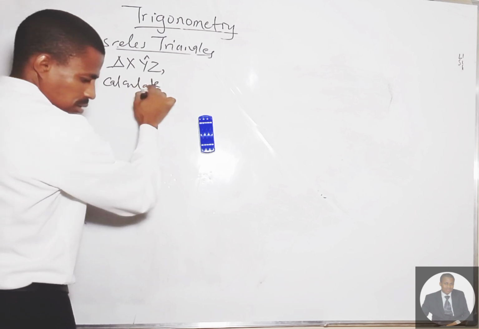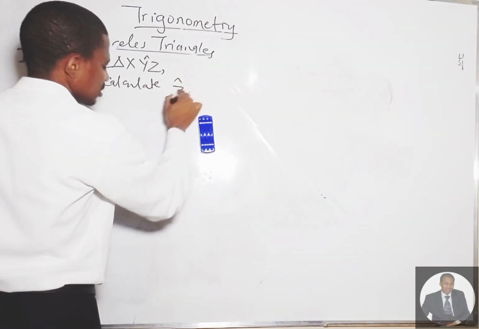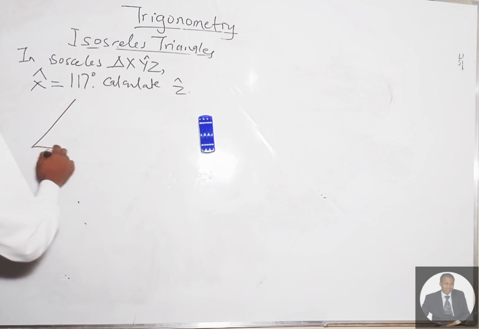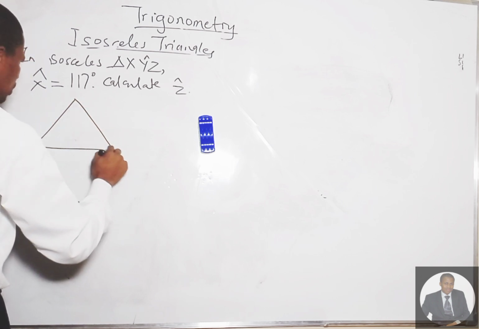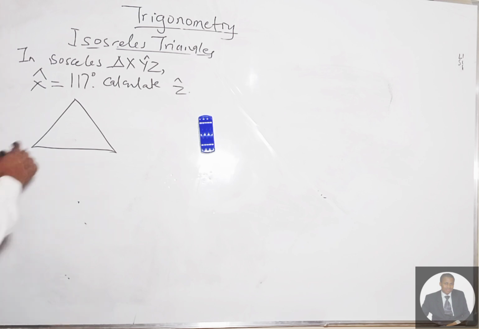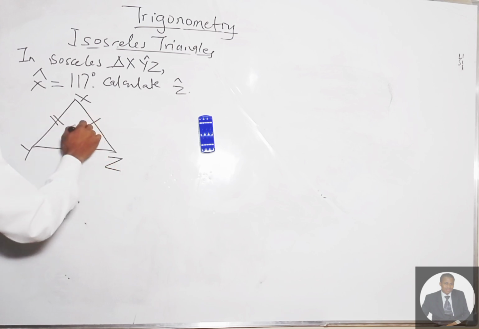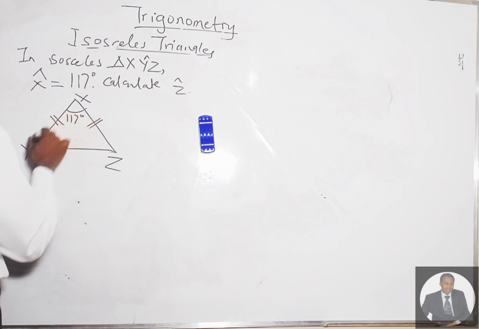Calculate angle Z. How do we do this? An isosceles triangle we've been told, so we draw an isosceles triangle X, Y, Z. And we are told that X is 117. How do we find Z?